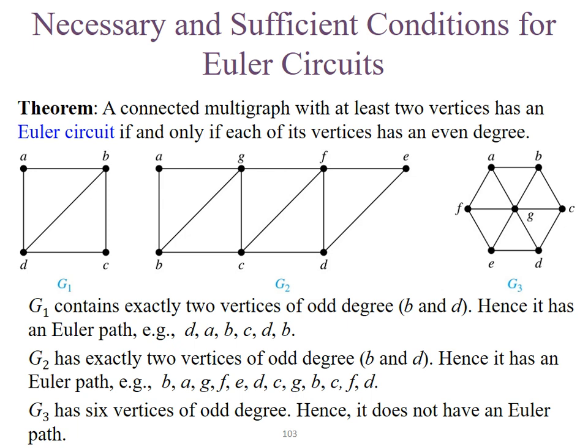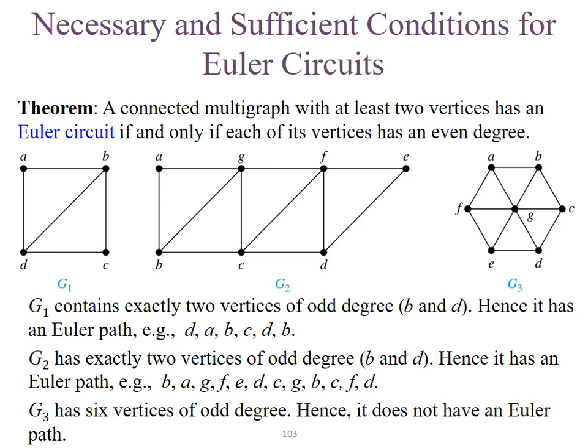Okay, so for G1, the degrees of A, B, C, D are 2, 3, 2, 3. That means we cannot find the Euler circuit because we need each of its vertices to have an even degree. But now we have 2 vertices with degree 3.